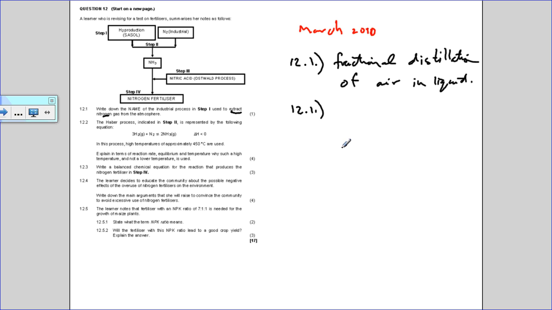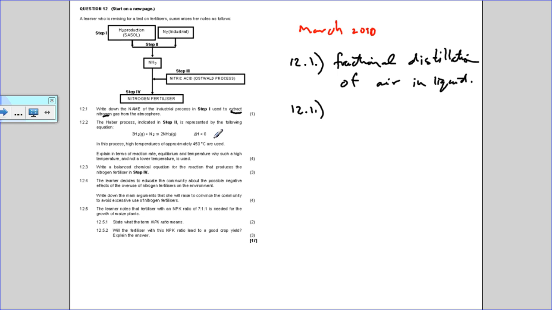12.2. The Haber process indicated in step 1 is represented by the following: H2 plus N2 gives you 2NH3, Delta H is less than 0. That means the forward reaction is exothermic. In this process, a high temperature of approximately 450 degrees Celsius is used. Explain in terms of the reaction rate, equilibrium, and temperature why such a high temperature and not a low temperature is used.